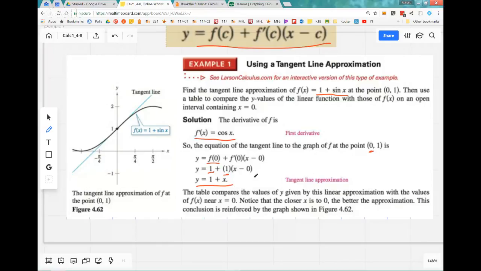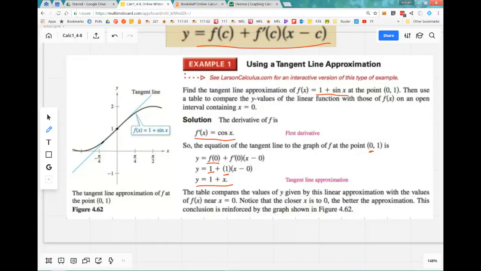So in other words, what we just came up with is the tangent line approximation. And you can see it in the graph here. The function, 1 plus sine x, is in black. And 1 plus x, which we just figured out, is this blue line right here.